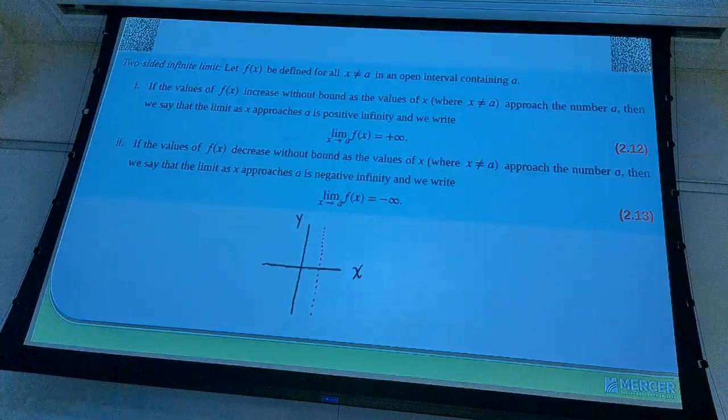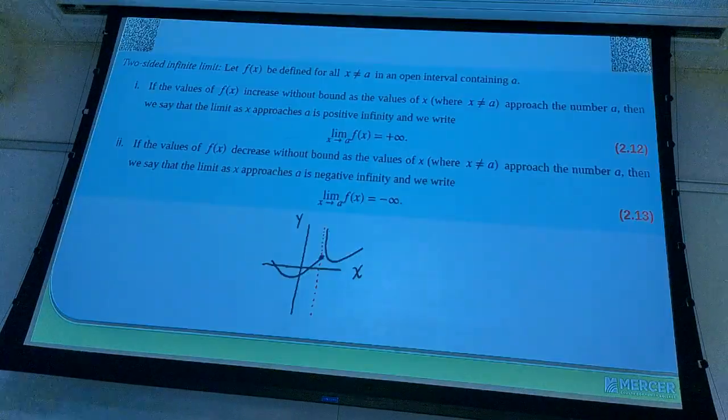Say there's our vertical asymptote. Still a vertical asymptote, but it is actually touching on it.